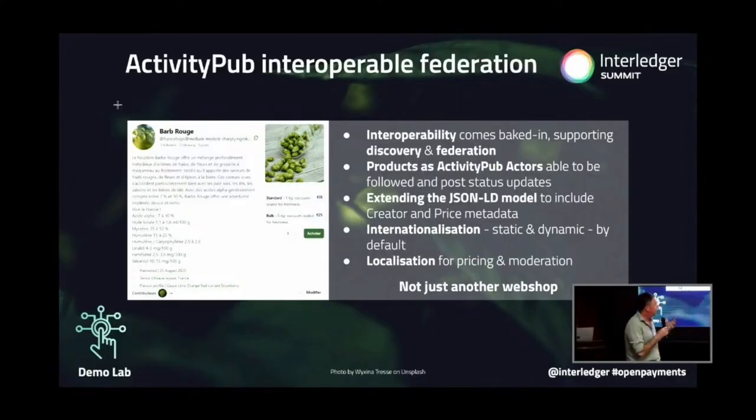ActivityPub has the concept of people or persons actors and service actors, group actors, and so on. A person is a person, a human, a creator. A service is a product. So when an actor is a service on this stack, it's a product, okay? Announcements, posts, social media posts: this product is available today.